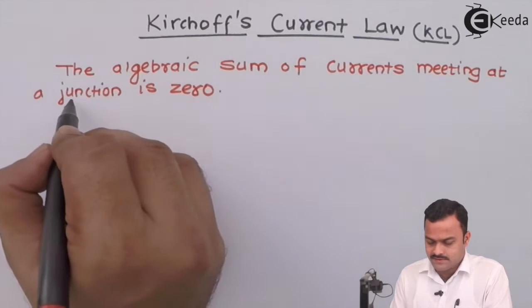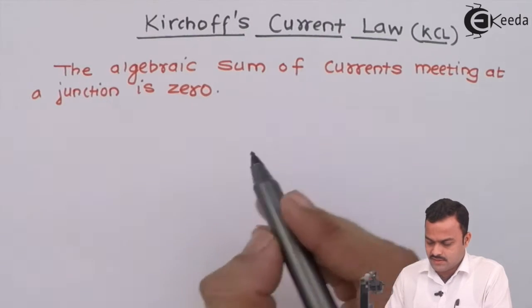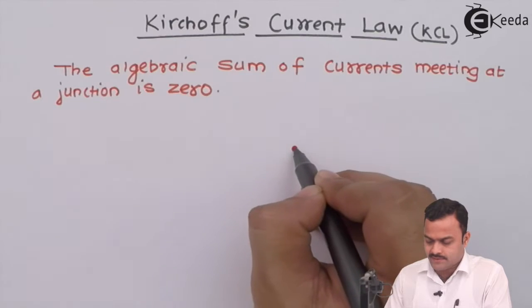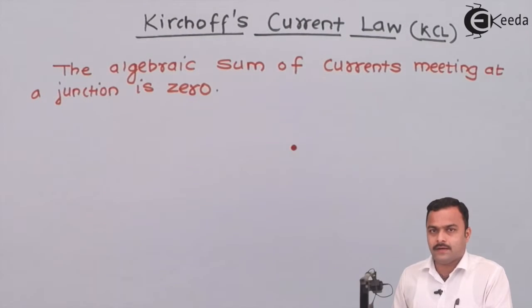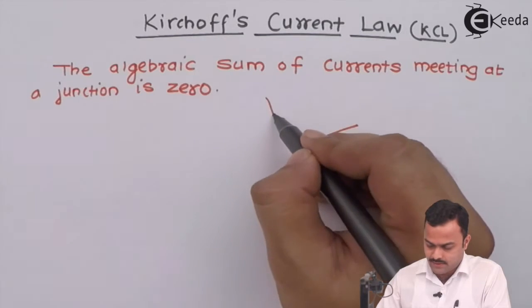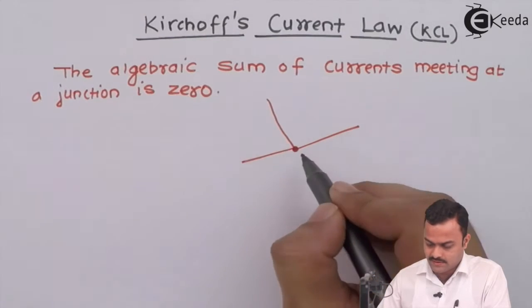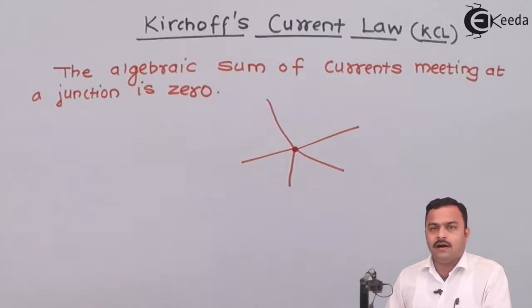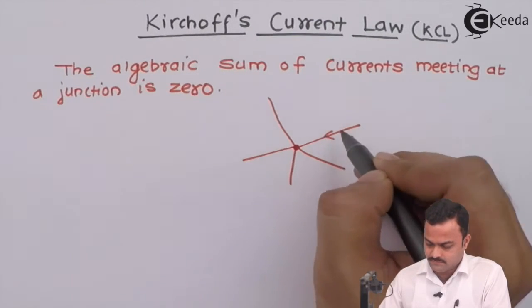First, we will decide about a junction. A junction is a point in an electric circuit where currents are meeting. So, let's consider there are 5 branches carrying currents like this. I randomly mark the direction.